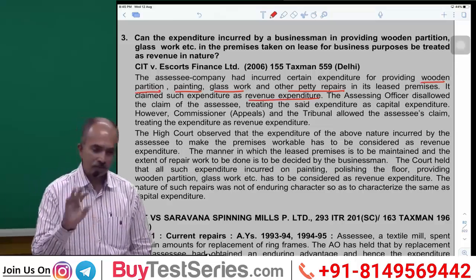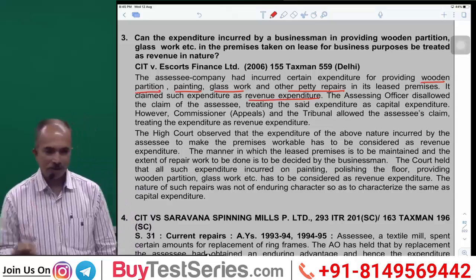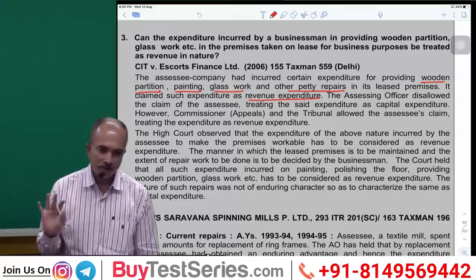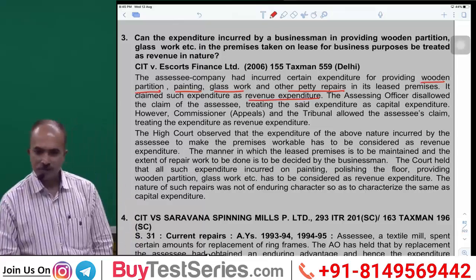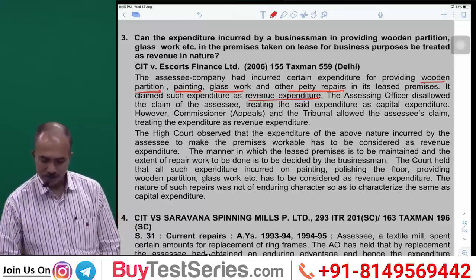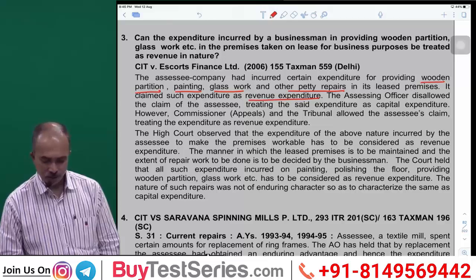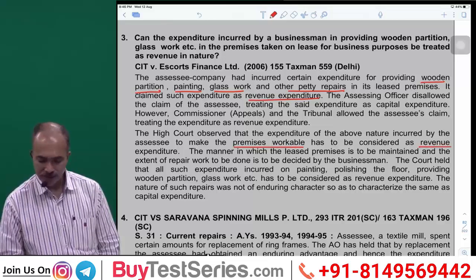Department went to the High Court कि ये कमिश्नर ने गलत किया, ट्राइब्यूनल ने भी गलत किया. We want to fight. High Court observed, and this is important, expenses of the above nature incurred by assessee to make the premises workable have to be considered as revenue expenditure.